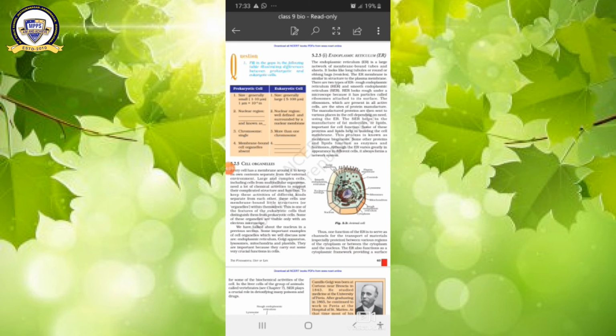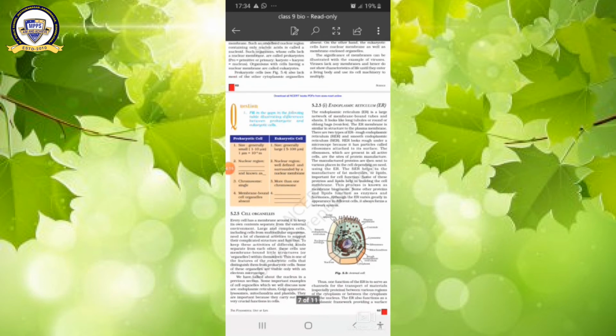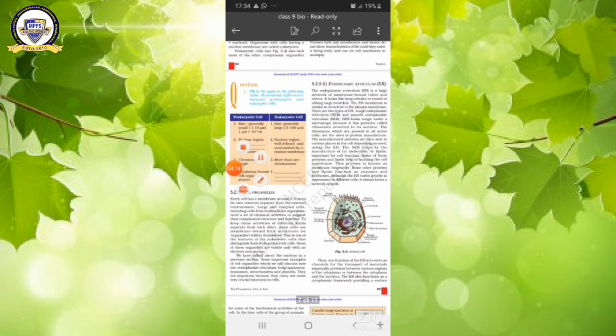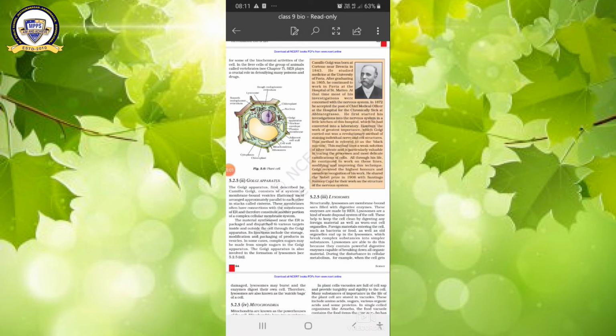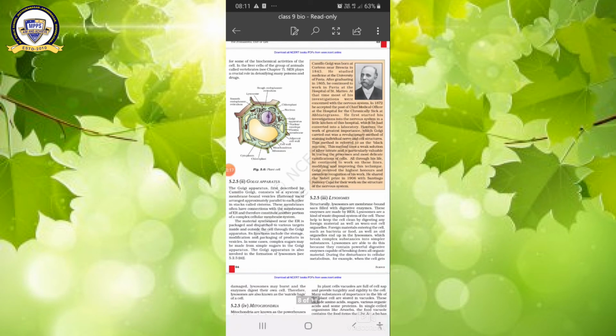In the liver cells of the group of animals called vertebrates, we will discuss it in chapter number 7, smooth endoplasmic reticulum plays a crucial role in detoxifying many poisons and drugs.